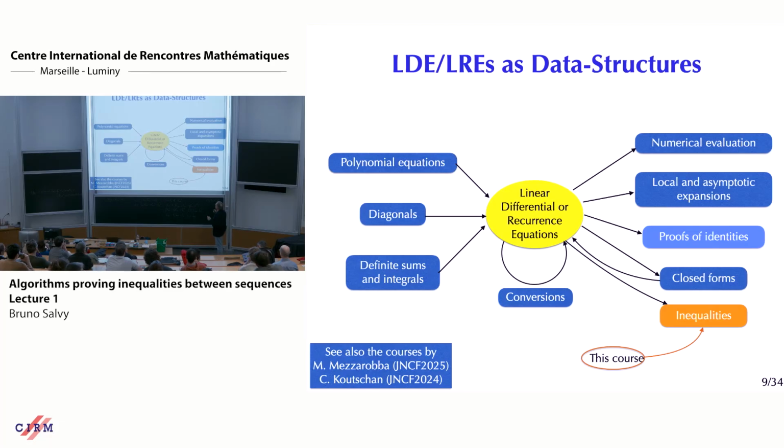You can prove identities. Sometimes you can compute closed forms, and that's differential Galois theory, and maybe there's been a course on differential Galois theory a few years ago. But that's not what we want. We want to go the other way around. You have a closed form, and you cast it into an equation that it satisfies, and we'll work with the equation. And then there are inequalities, and that's what I'm going to talk about.